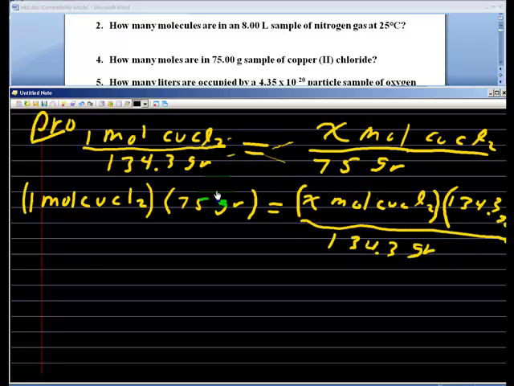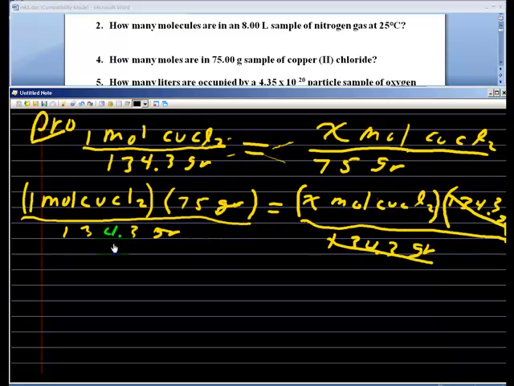And over here, it's going to be 134.3 grams. You notice this cancels with this. Grams cancels with grams.